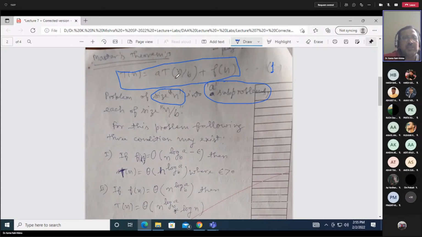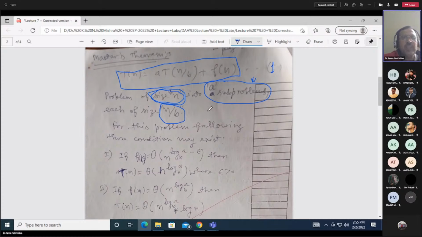In equation 1, we are trying to solve a problem which is of size n, and we are dividing this into A subproblems. Number of subproblems is A, where size of each subproblem is n by b.